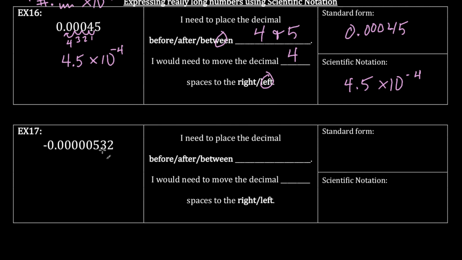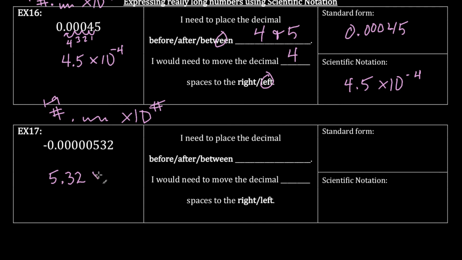Now, for example, 17. Wow, we've done a lot. Okay, so this is a negative, and we need, once again, a digit 1 through 9 and a decimal times 10 to a power of something. So I need to put my decimal right there so that this can be 1 to 9.